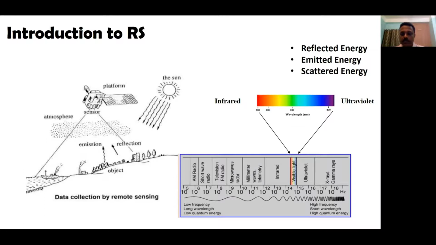So when the wavelengths are very, very small, relatively, those wavelengths are shown in this section of the screen, towards the right hand side. Here you can see, we name it as gamma rays, where the wavelengths are extremely small.